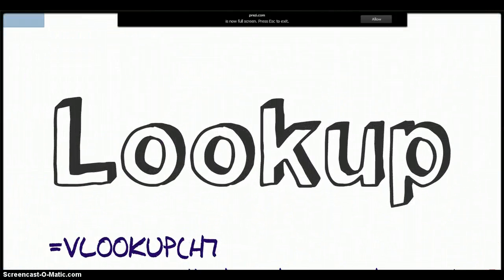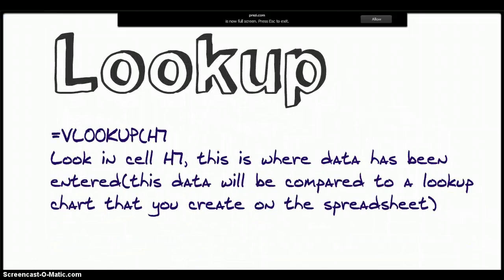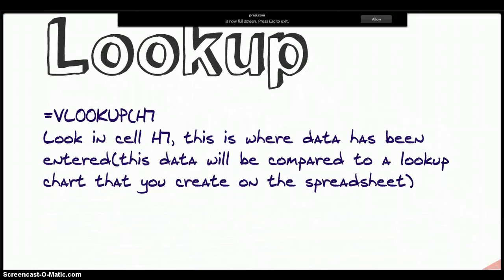So the first part of this function is the lookup. We start off, like we do the others, equals VLookup. And then you give me the cell in which we are looking up. So we would read this, look in cell H7. This is where the data has been entered. This data will be compared to the lookup chart that you will create on the same spreadsheet.